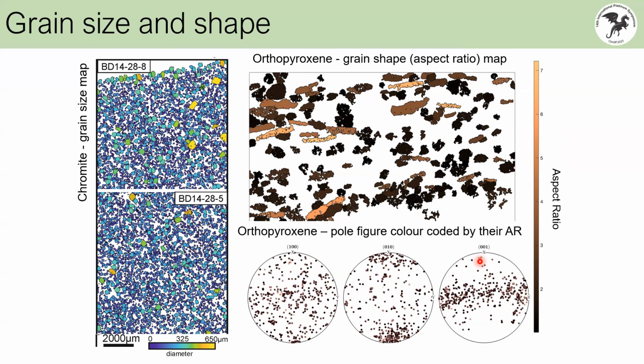So we would then look at the grain shape along a certain section of the chromitite layer. Or if you're looking at the silicates, you can look at the aspect ratio and compare that to your texture or absence of texture. These are very important, very useful microstructural characteristics that you can get from EBSD data.